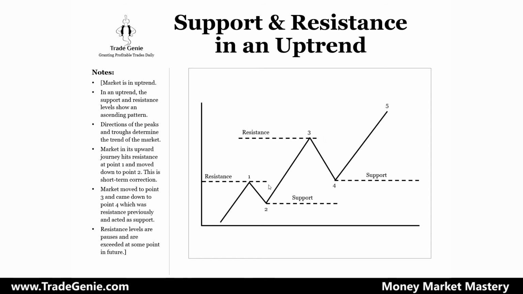We look at various ways. Where is the previous turning point, where the market has pulled back and rebounded, or where was the resistance which got conquered? In this scenario, what we're seeing is that this was the resistance and it got conquered here at this level. So now this is the support naturally.